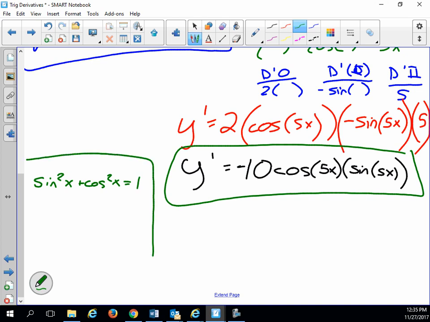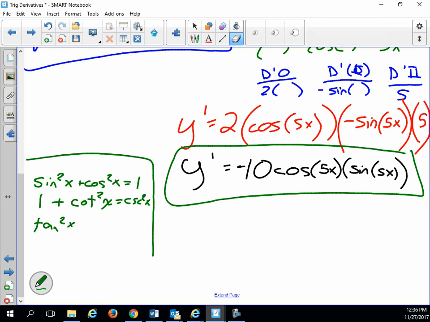You should know 1 plus cotangent squared x equals cosecant squared x. You should know tangent squared x plus 1 equals secant squared x. Those are your Pythagorean identities, and we'll talk about how you can remind yourself of how you can get them when I get back.